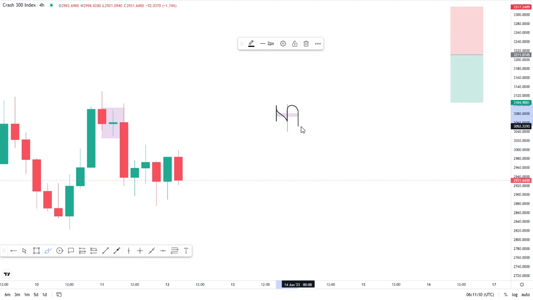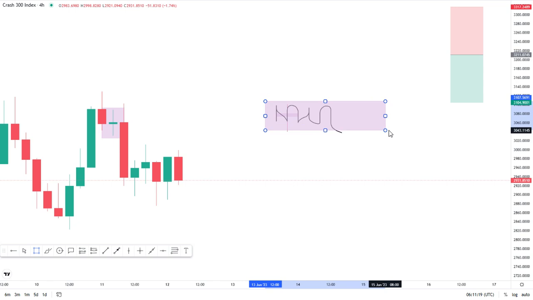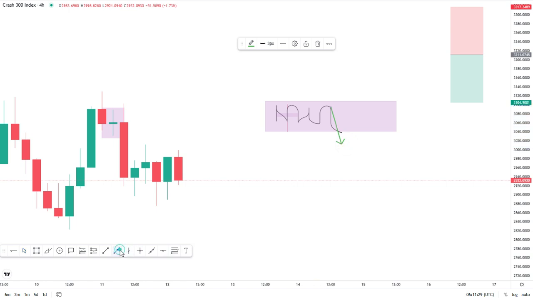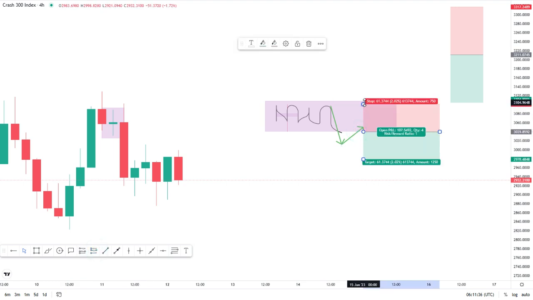So when you go to a lower time frame, you just simply mark the low and the high and make sure you wait for the price to break the low, to push down and break here. That's when you are going to be making entry, or better still, when the price retests this, then you sell. That could be your second entry.